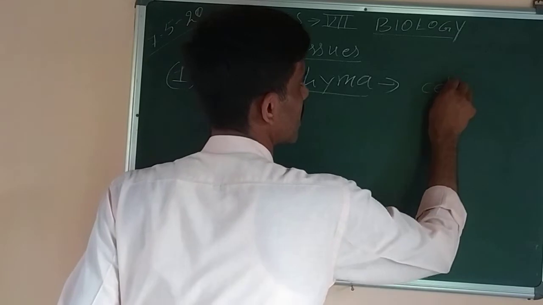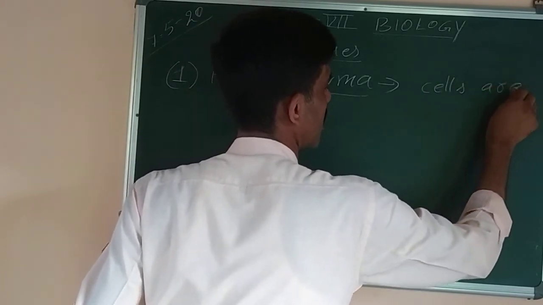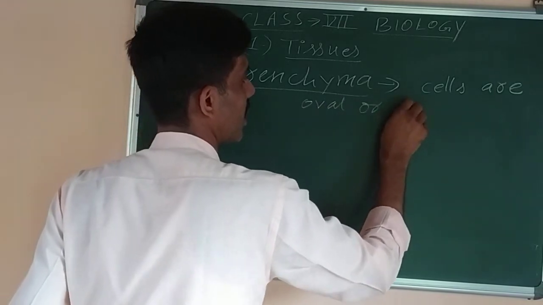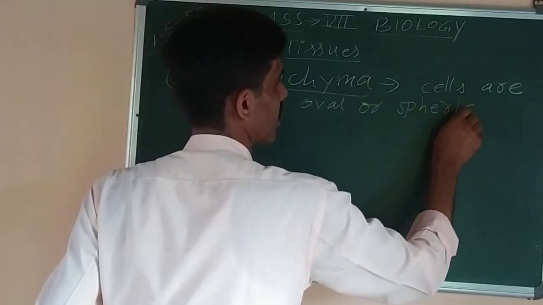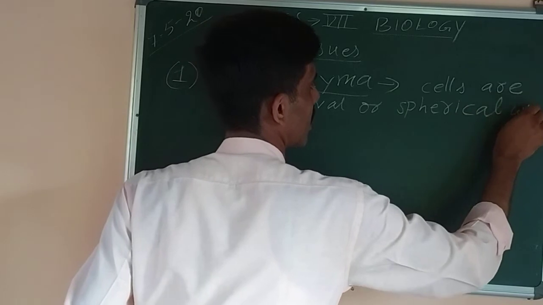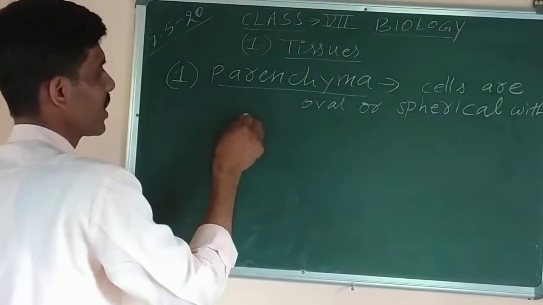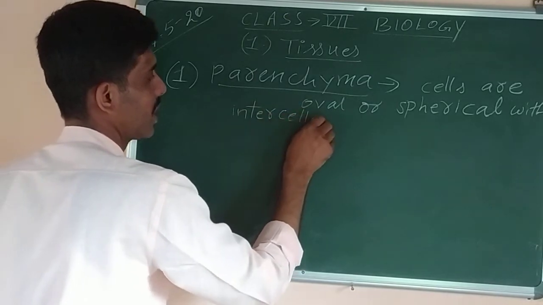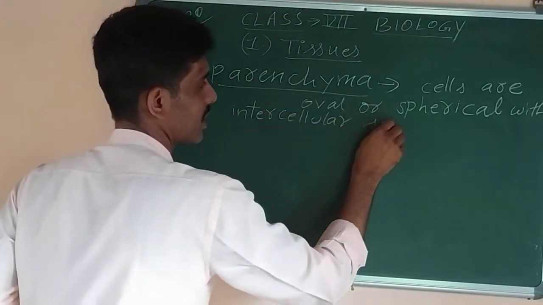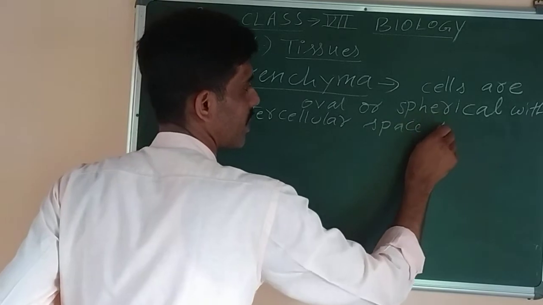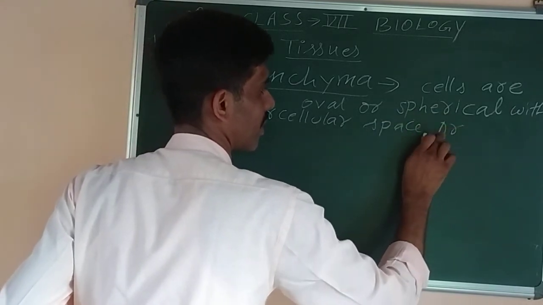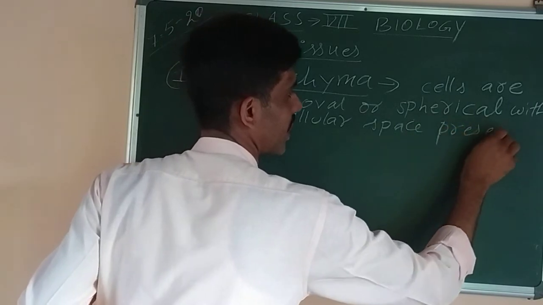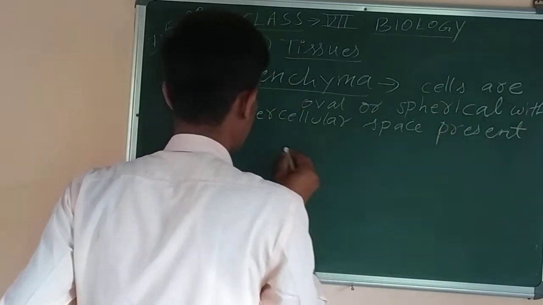So cells are oval or spherical with intercellular space present between them. I'll explain the meaning of this.